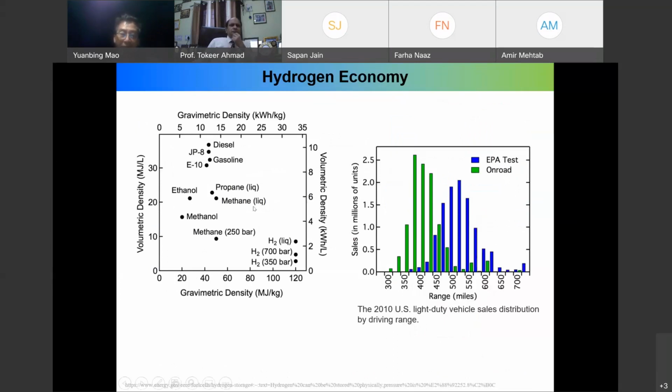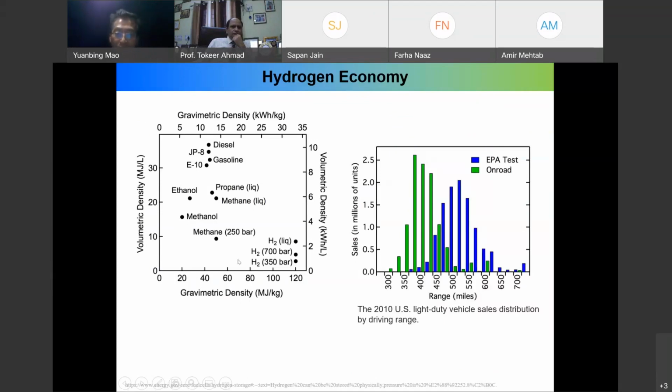Then the figure on the left shows how we compare the gravimetric density of hydrogen with some other energy sources, and also the volumetric density.